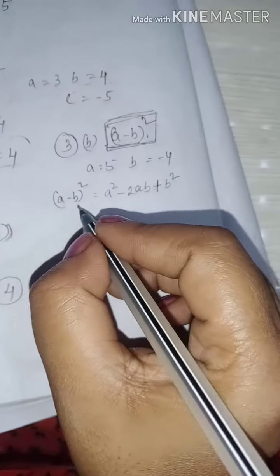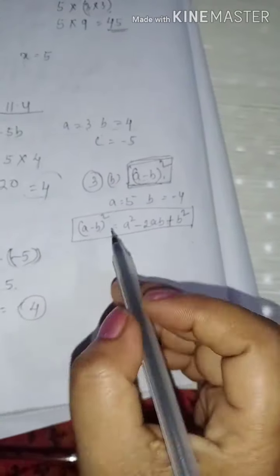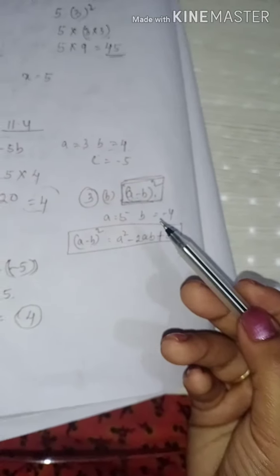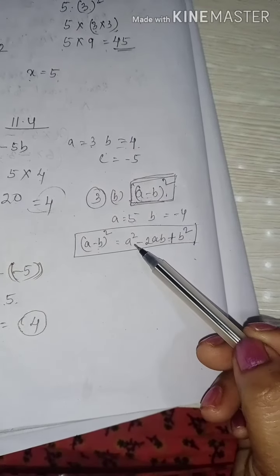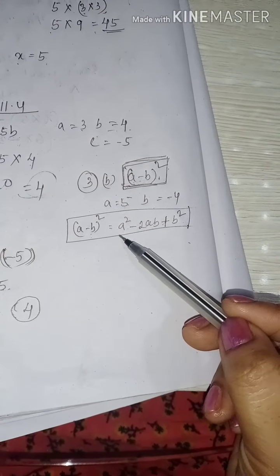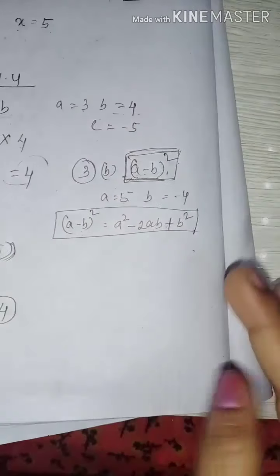There is a formula, you have to memorize it. There are some formulas of algebraic expressions you will read in further classes. If we put the values of a and b now, then we can get the answer easily.